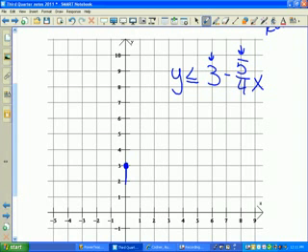So I can go down 5 and then over 4 to make my other point. Now I have my 2 points, and I'm ready to draw a line. Am I doing a dashed or a solid? Since it's less than or equal to, I should be doing a solid line.